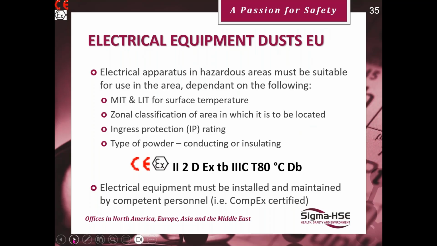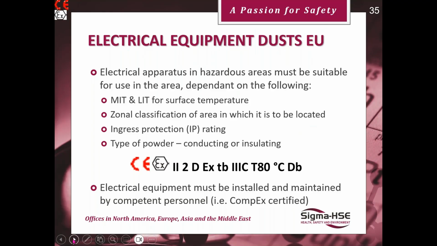So typical signs that you would see on electrical equipment: the European conformity, EX shows it's in explosives, and then under the 2014/34 directive, you've got Group 2, Category 2 for dusts. Extra data, EX means a certified body has certified the equipment.